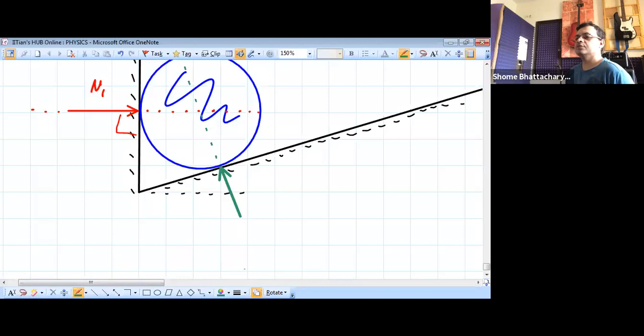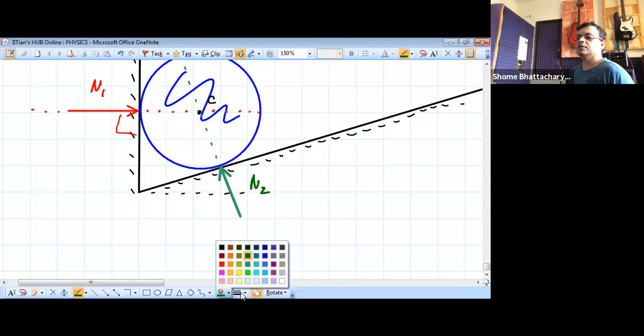Where these two meet is the center of the cylinder. So this normal reaction, let us say, is N2. Okay, this is that normal.